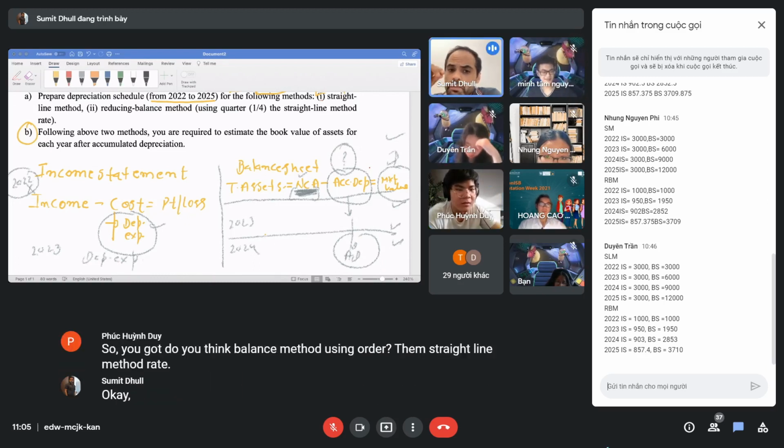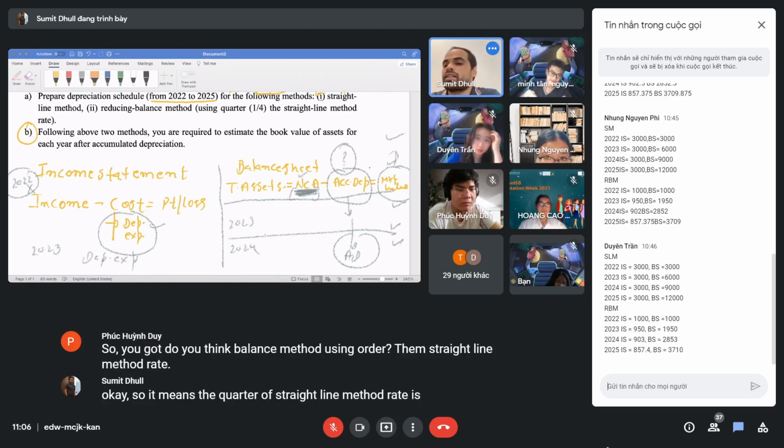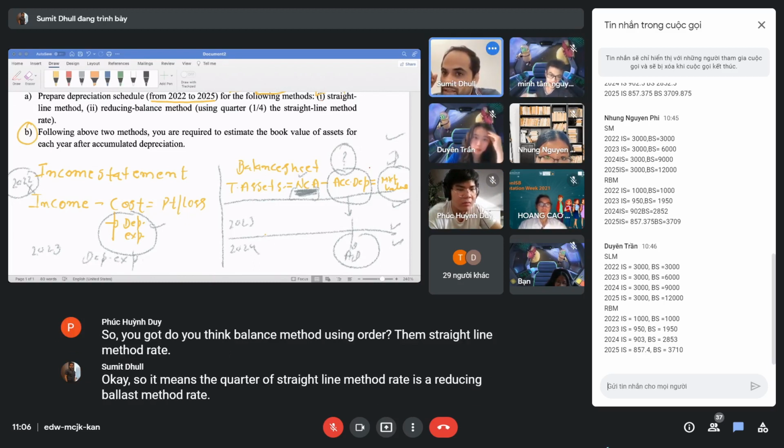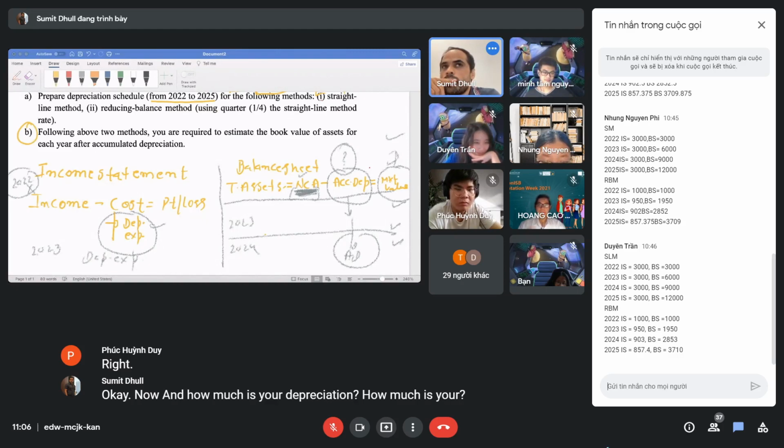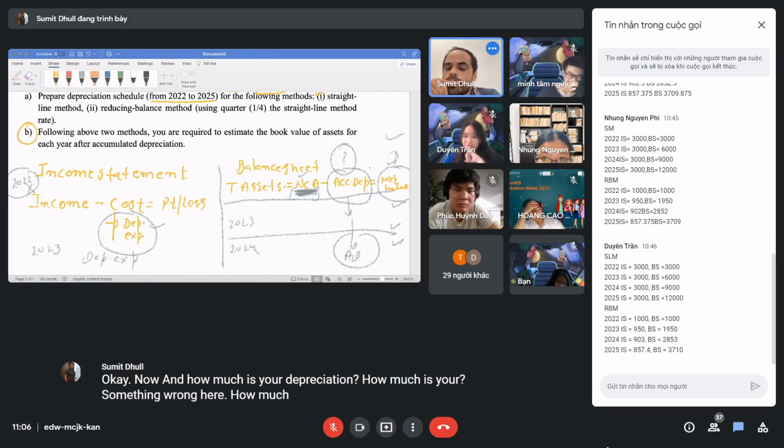Okay, so it means the quarter of the straight line method rate is the reducing balance method rate, right? Okay, now, how much is your depreciation rate for the straight line method?